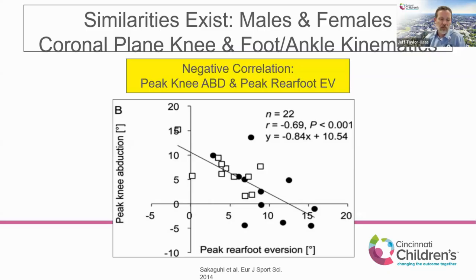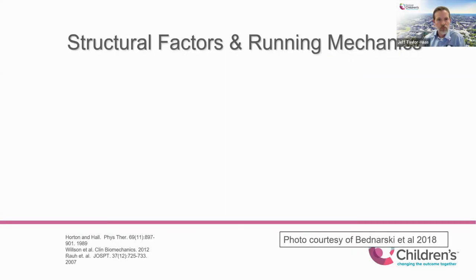And this will be something to keep in mind when we look at some sex differences in a minute, particularly at the rear foot for men, because men run with higher amounts of rear foot eversion than women. So keeping this graph in mind will be helpful when we start to appreciate one reason why that could be.